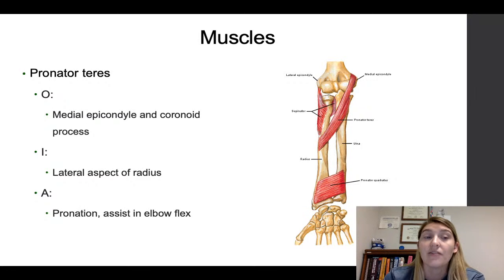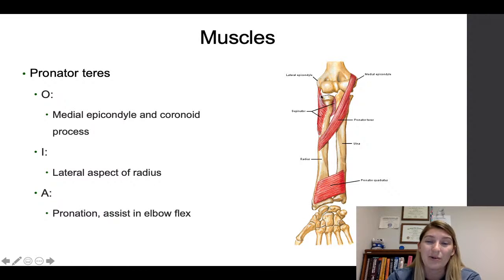Okay, next we're going to have our pronator teres. So in this picture, this right here is our pronator teres. So it is going to originate from the medial epicondyle, as well as the coronoid process, so the front of the C, and it's going to insert to lateral radius.